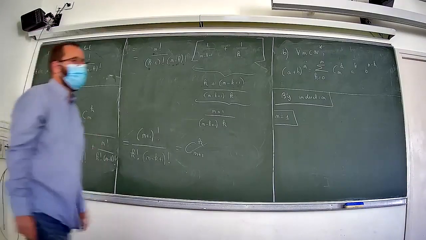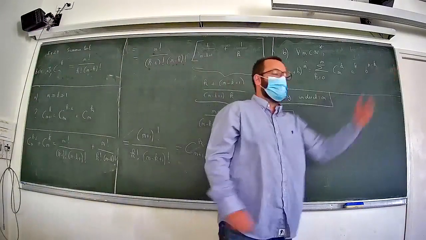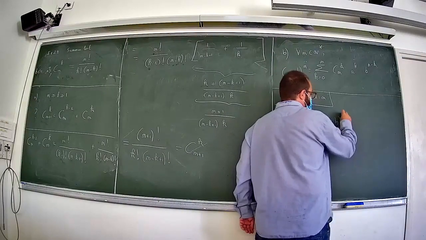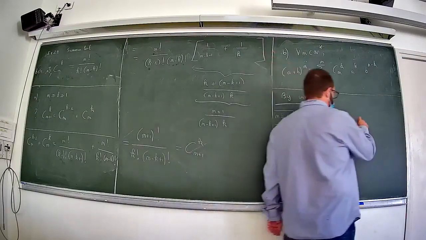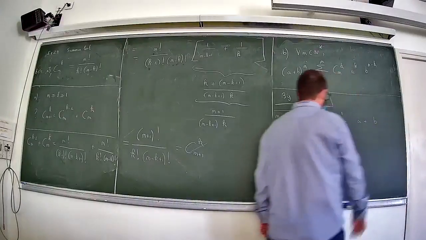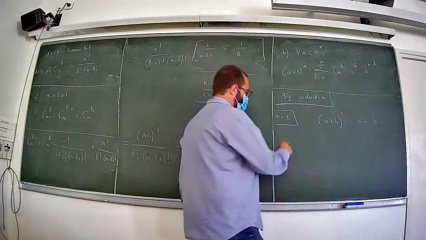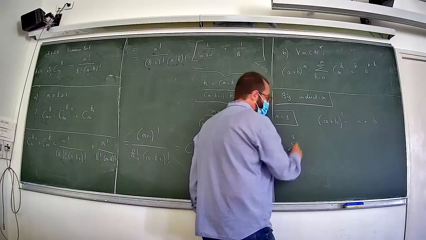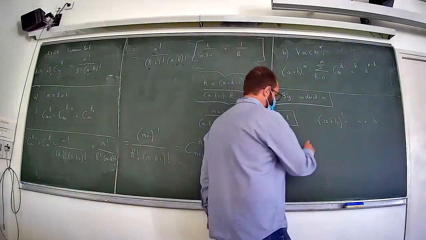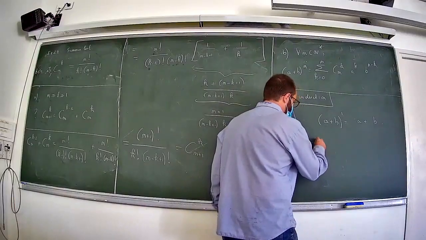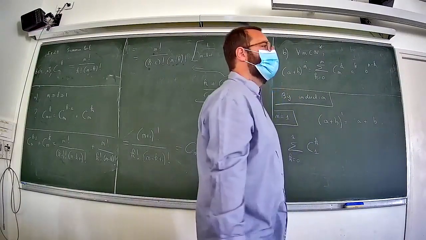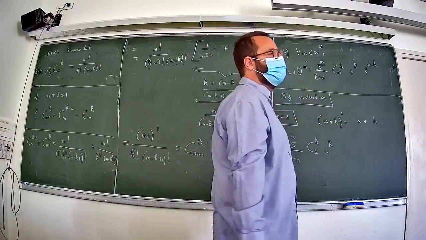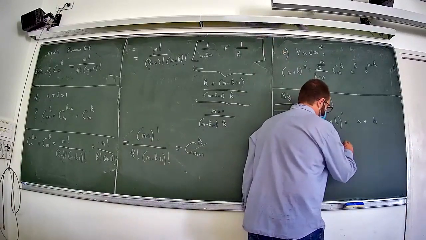Why not? So I have two terms in my equality. I have (a + b) to the power 1, that is just a + b. And I have a sum from k equal to 0 to 1 of C(1, k) a to the power k, b to the power 1 minus k.